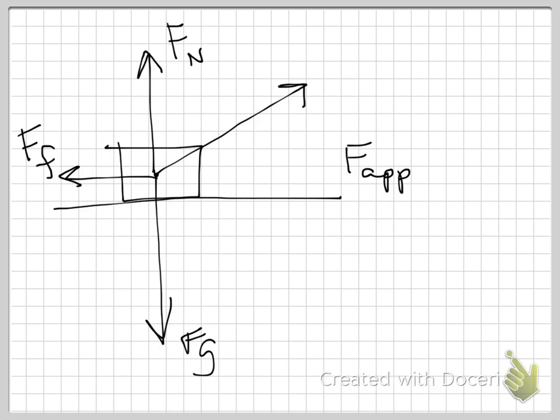This is just like the problems where you have somebody pushing down on a box and suddenly you have an additional force on the y-axis. In this case, the normal force is going to be greater or lesser than the force of gravity?